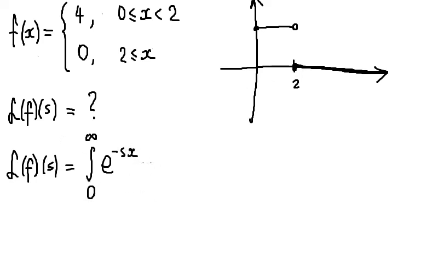So e to the power minus sx f of x dx, where the f is the function we're working with. Integration takes place with respect to the variable x, and there is also a variable s here, but it's good, it should be, because we are wanting to get an expression that will be a function of s, and that's how this is a function of s.